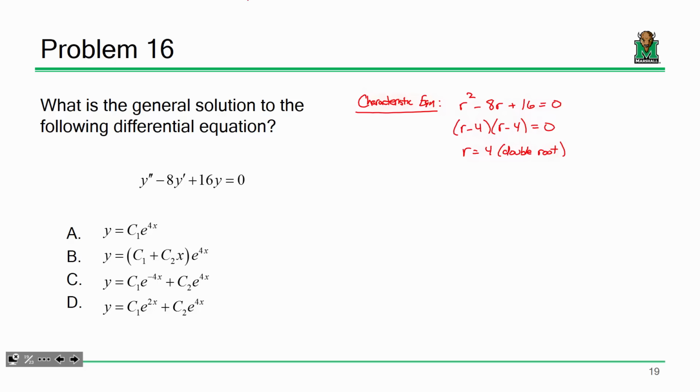So when you have a double root, you have a constant times an exponential plus a constant times an exponential. But anytime you have a repeated root, you have to add an x there. So if you wanted, you could factor it out and then just say C1 plus C2x.